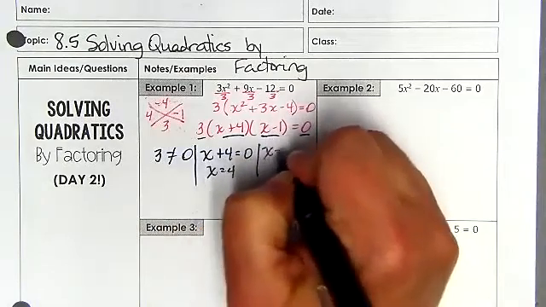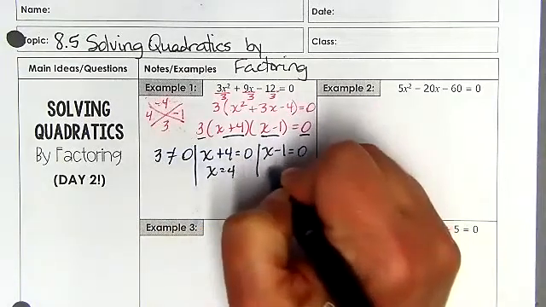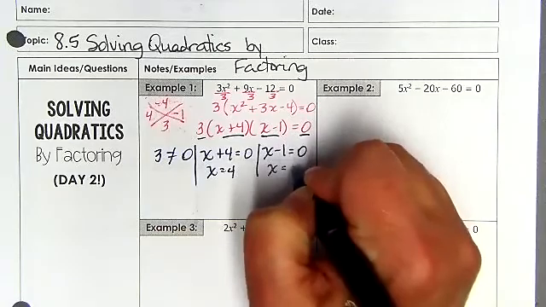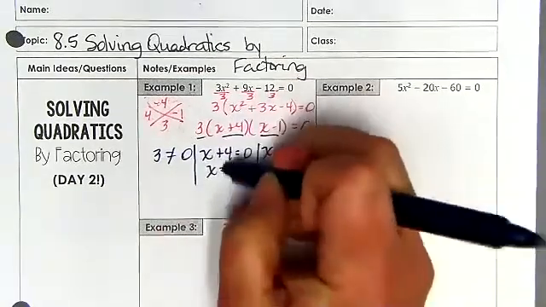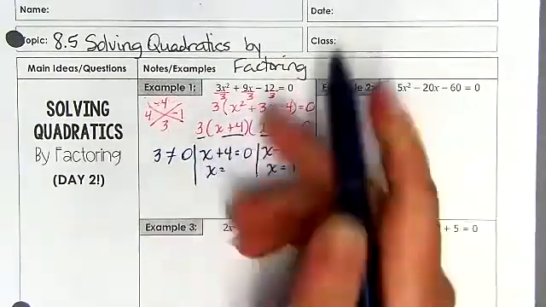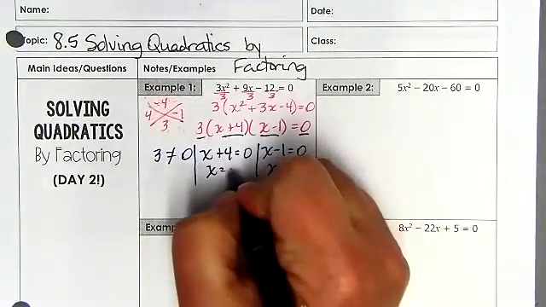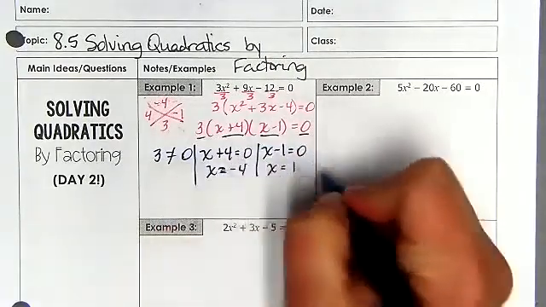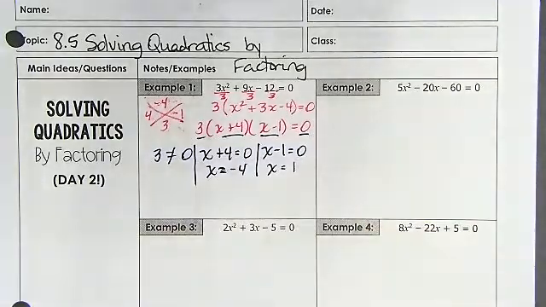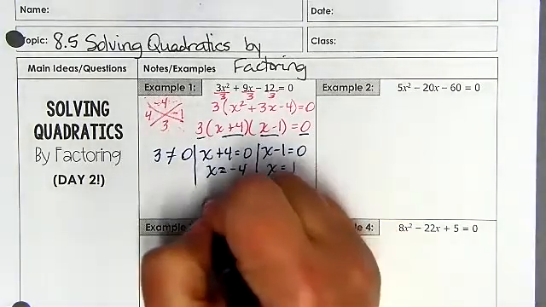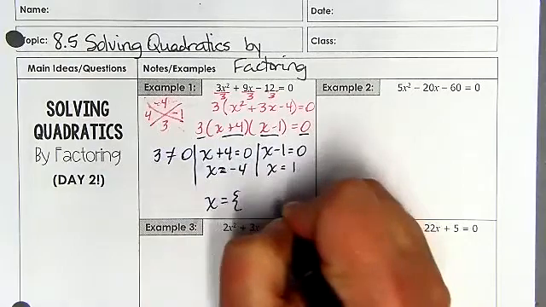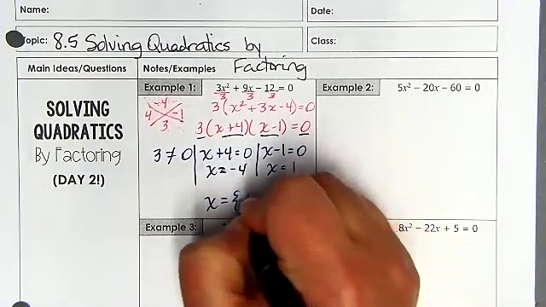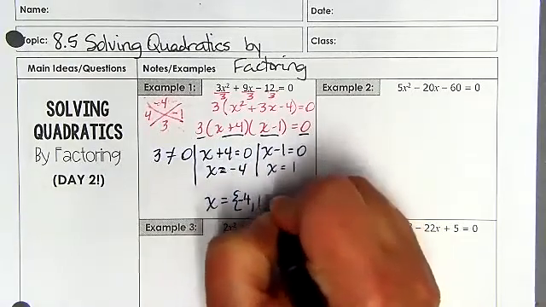And then we have x minus 1 equals 0, which is x equals 1. This is why we write the steps. So my final answer is going to be x equals curly bracket negative 4, comma 1.